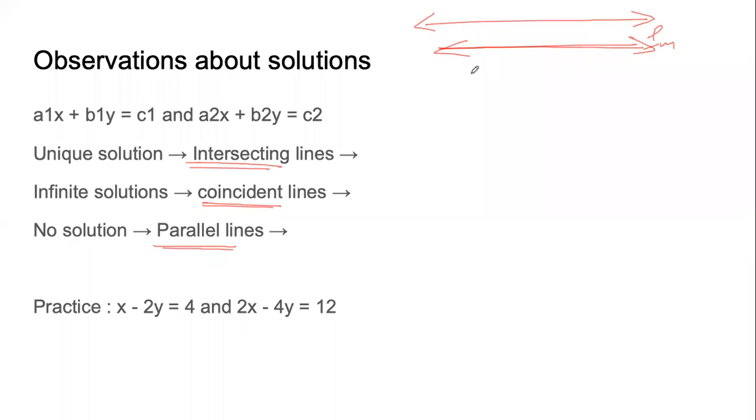That means they will have no solution. If the lines are coincident, then all the points that are on them are solutions. So they will have an infinite number of solutions.